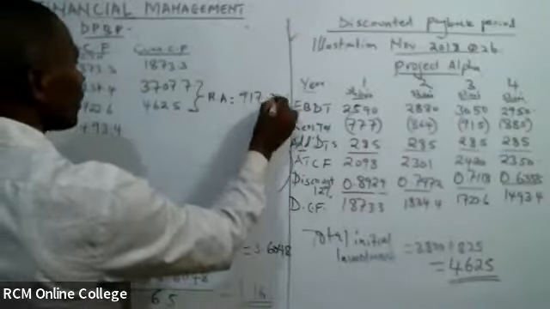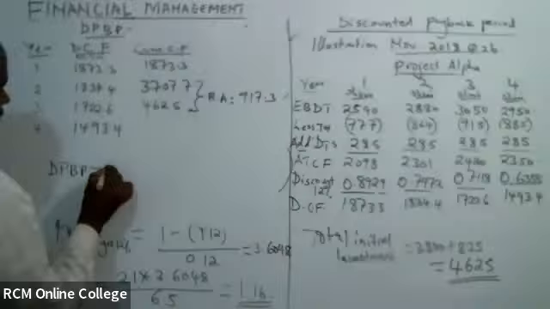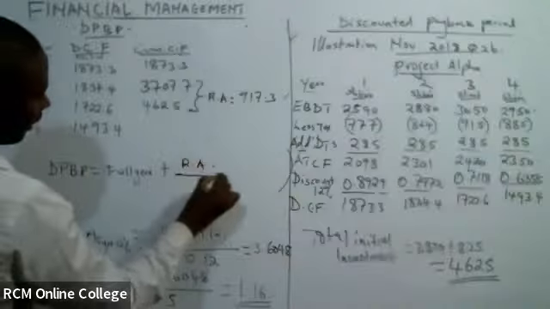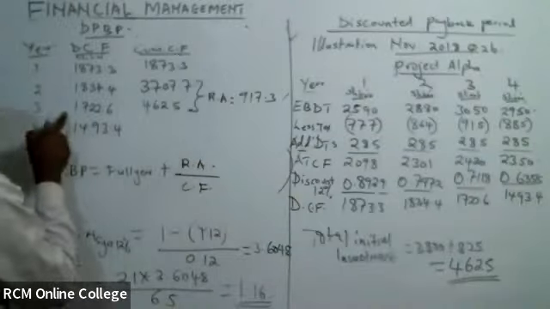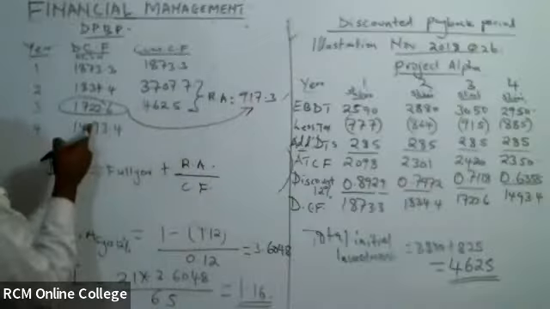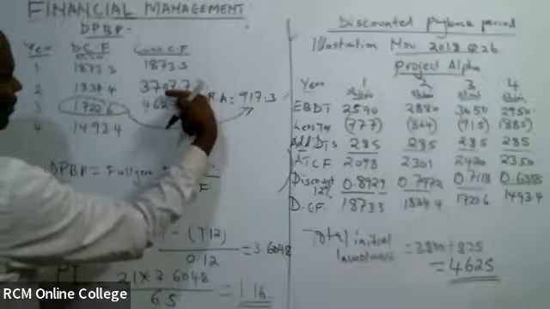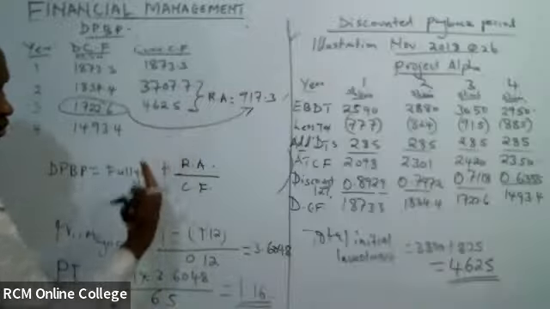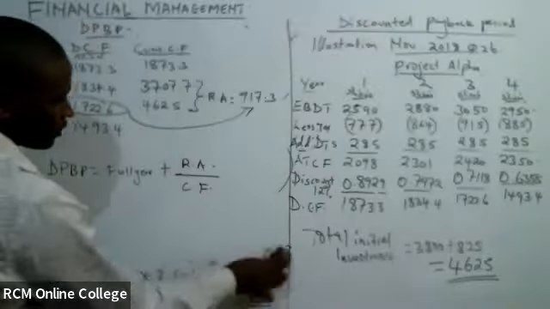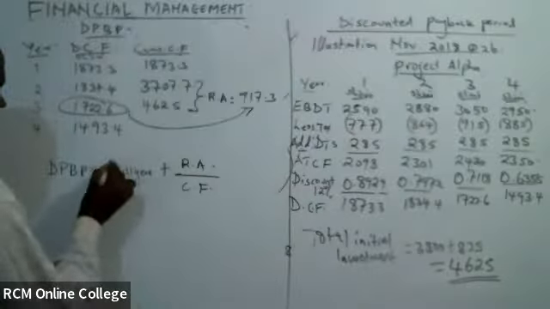If that is the case, I now use my formula for the discounted payback period, which is the full years, as you remember, plus the remaining amount over the cash flow. This cash flow is the one for the year that helps me get the balance. I see 917 is what we need to complete it, so 3707.7 plus this gives us the target. Content should not stress you. You deal with the numbers.